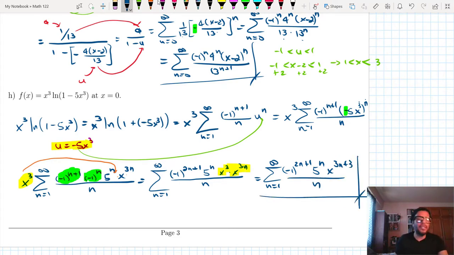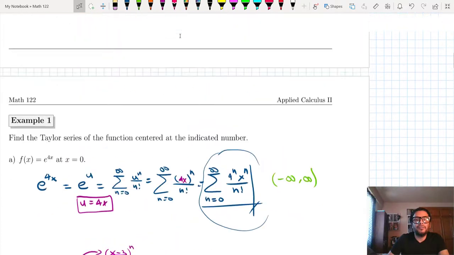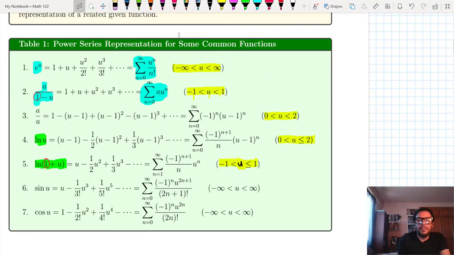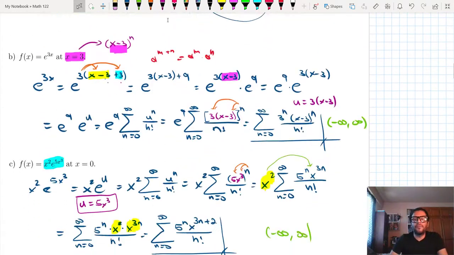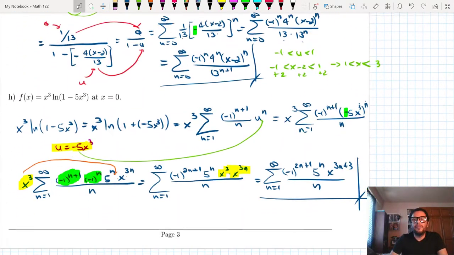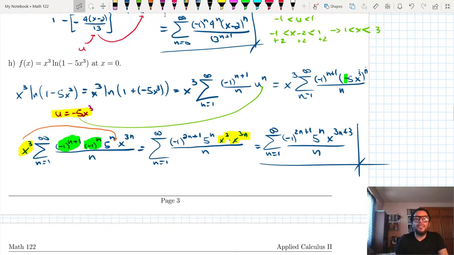Final answer. What about the interval of convergence? According to our table, this is very similar to the geometric one, except that the upper endpoint has an inclusion of a less than or equal. So what do we do in this case?